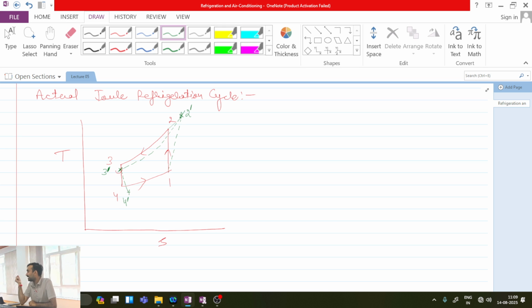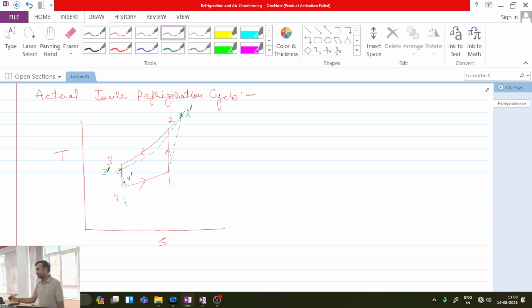Okay, but whenever it will be exchanging heat with the refrigerated space, here I will again have a heat exchanger. So in that heat exchanger also there will be pressure drop. Because of that pressure drop, sorry, I need to place it slightly above, because inlet pressure should be more than the exit.